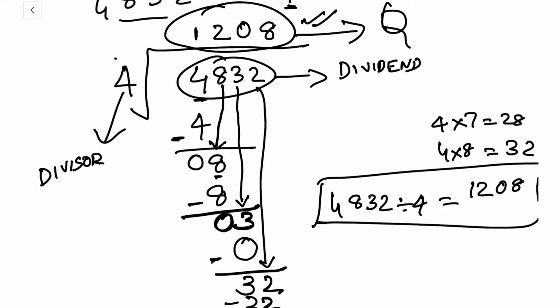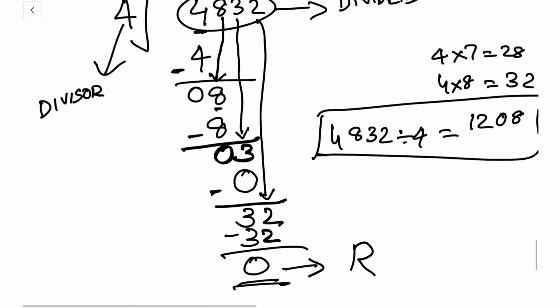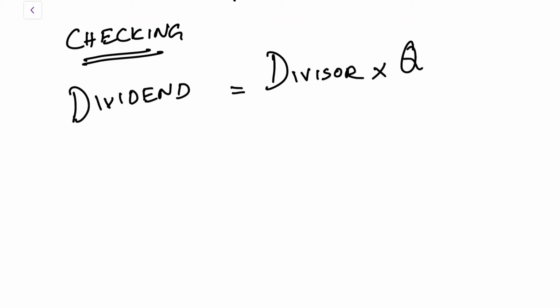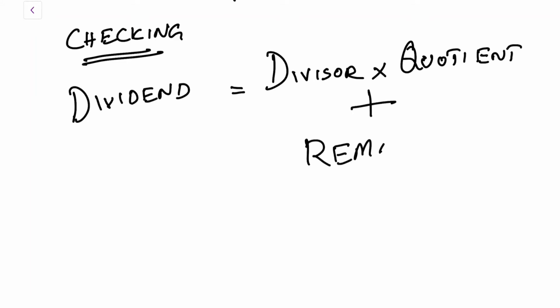Okay. Alright. Now you can do a checking to see if what you have done is correct. How do we do the checking? So checking, remember the formula we got when we were looking at the relationship between multiplication and division. What is it? Dividend is equal to divisor into quotient plus remainder. Very good.